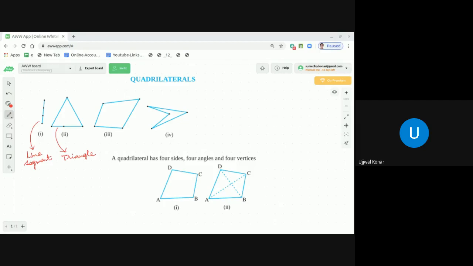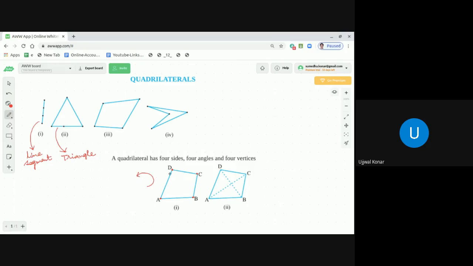As you see in this diagram, this quadrilateral is ABCD, and there is a way to name it, dear students. Always recall that you name the quadrilateral A, then B, then C, then D. That is the proper way of naming, in the anti-clockwise direction.